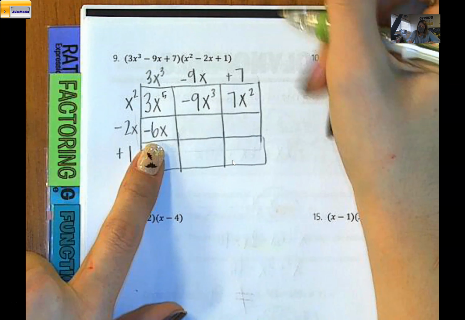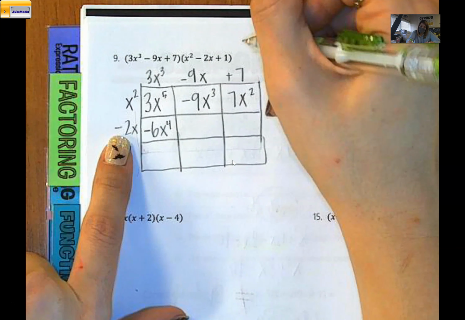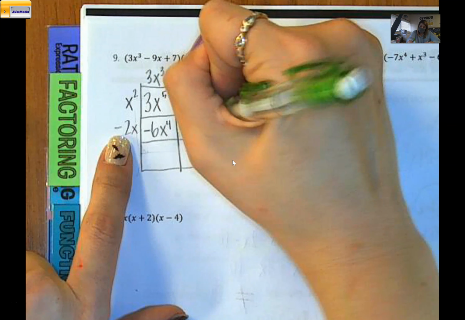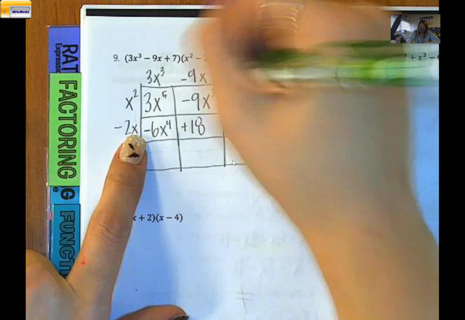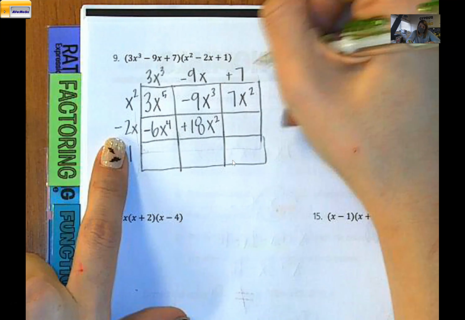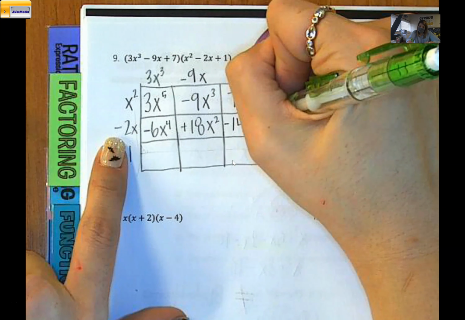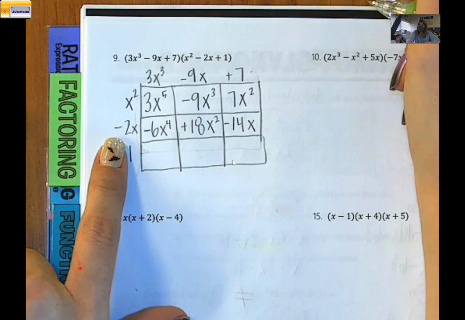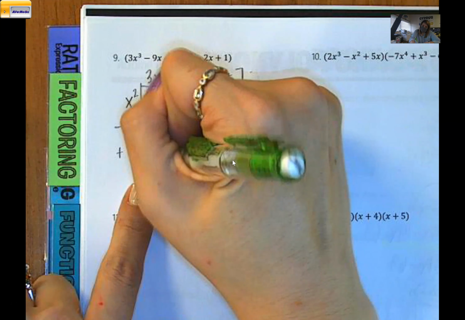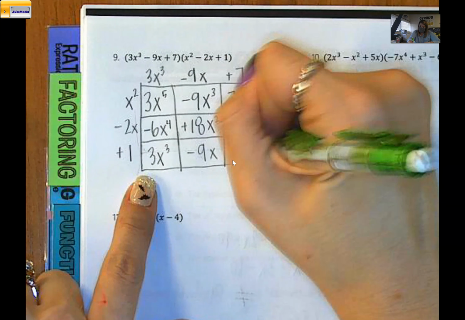X to the, what's our exponent? 4. Negative 2 times negative 9 is going to be positive 18. X and x is going to give us x squared. Negative 2 times positive 7 is negative 14. Keep the x. Holy moly. Okay, last row is a 1, thank heavens. So it's 3x cubed minus 9x plus 7.